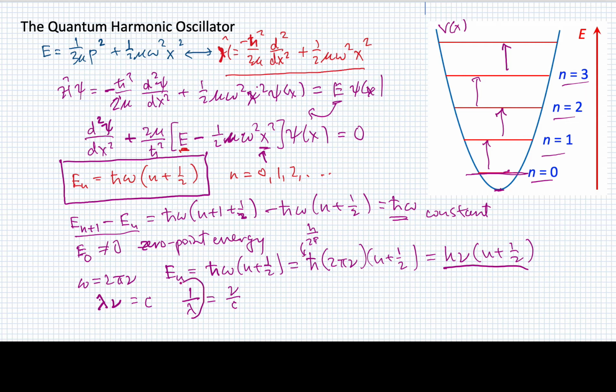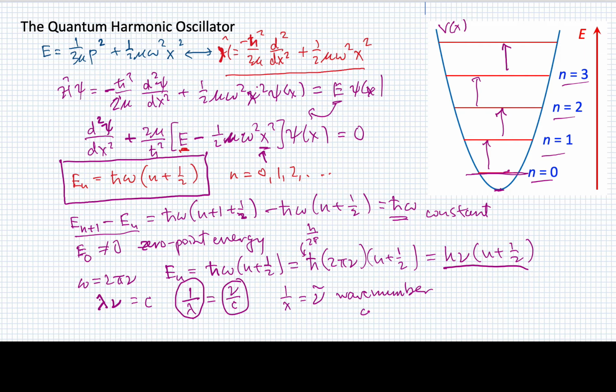So if I want to express my energies in terms of 1 over lambda, I'm going to want to use this kind of expression, and 1 over lambda is something that we refer to as nu with a tilde over it, which is basically a wave number.